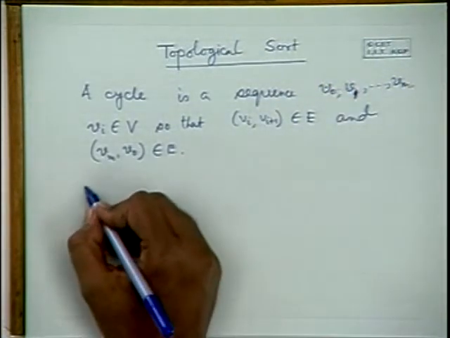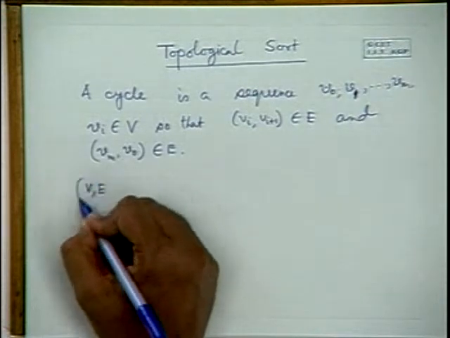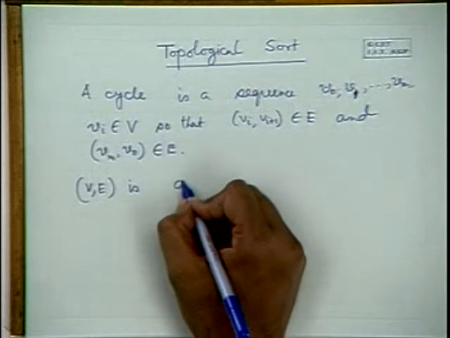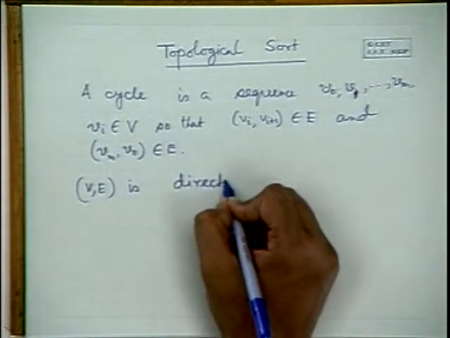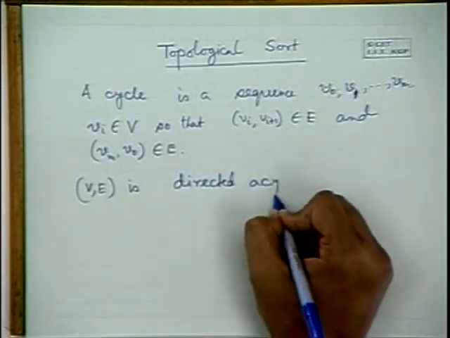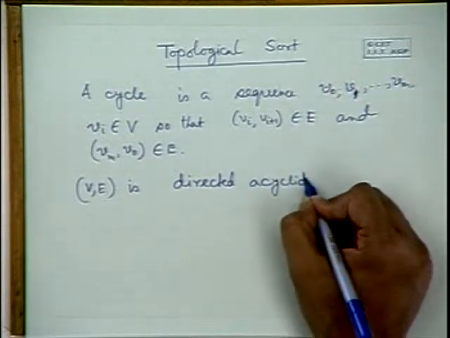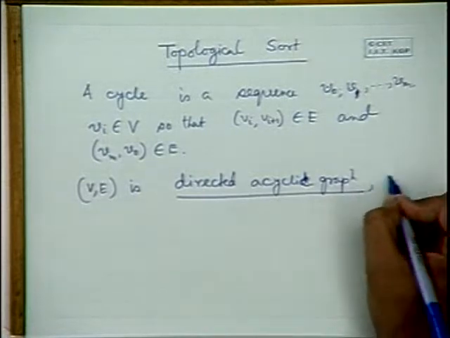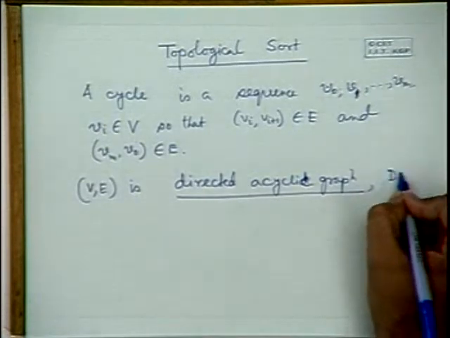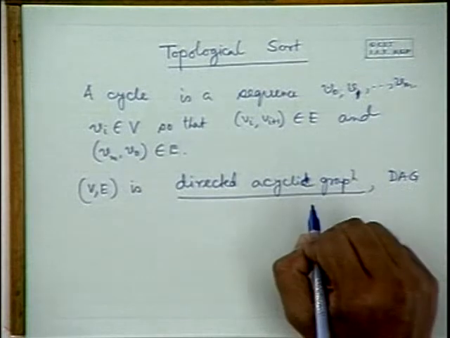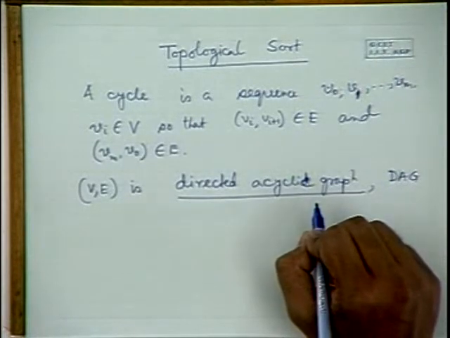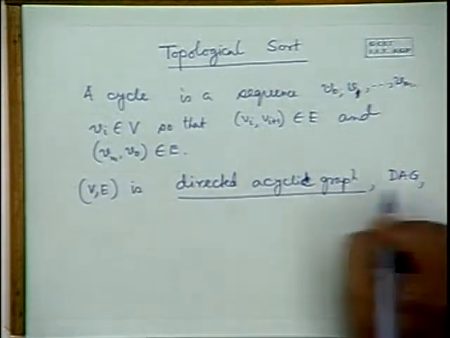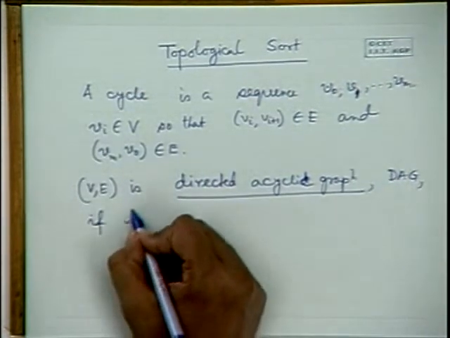A digraph (V, E) is called directed acyclic graph, or in short it has a name, it's called DAG, D-A-G, DAG. Sometimes people call it as a DAG, directed acyclic graph. This is a standard name if it has no cycle.